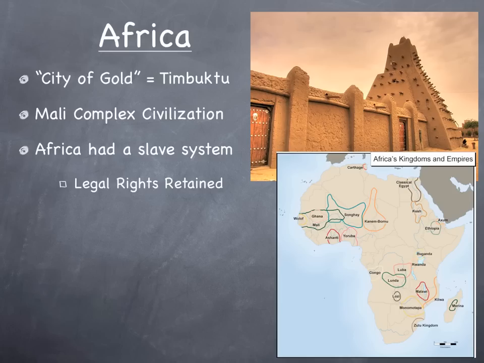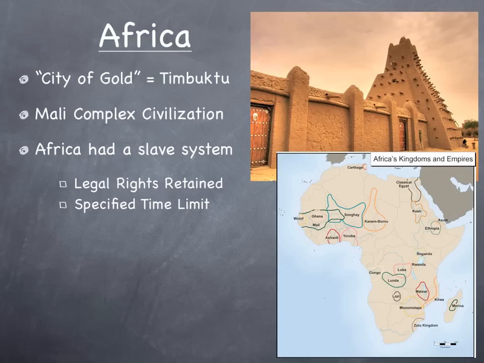African slave systems, basically, here's the basic breakdown. They retained their legal rights. They could marry, they could have children, etc. You couldn't just kill them because you felt like it, that kind of thing. It was a specified time limit. Until your debt was paid or until your criminal offense had been paid for in a considered length of time, you were a slave.